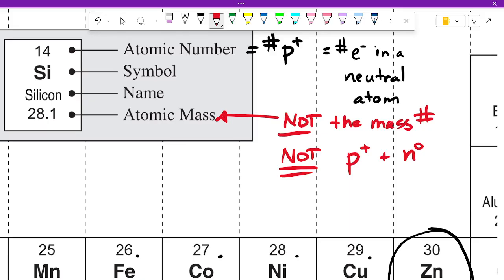Have you ever heard of like a 0.1 of a neutron? Does that make any sense? You got like a little fraction of a neutron? It makes absolutely no sense. What that is, it is the average. It is the average of all the isotopes in nature.